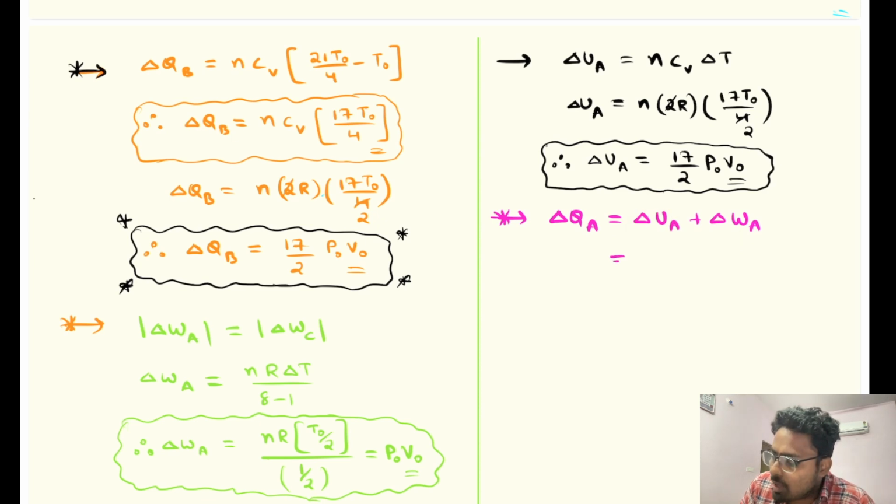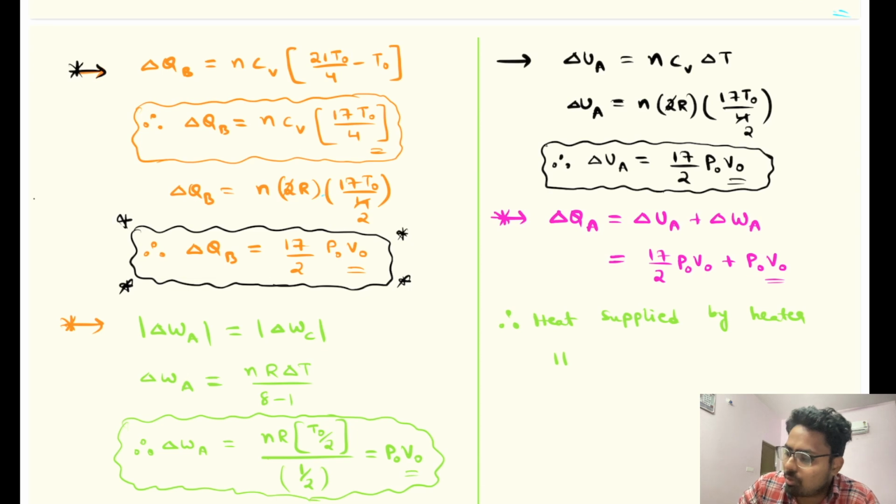So therefore what is the value of delta QA? I already got delta UA as 17 by 2 P naught V naught, plus delta WA, which is P naught V naught. So this is the value of delta QA. Therefore now the heat supplied by the heater, let me call it delta Q total, is supplied to both compartments.